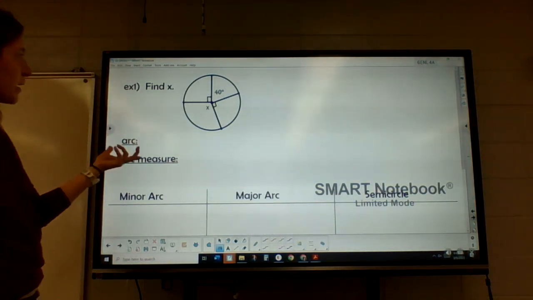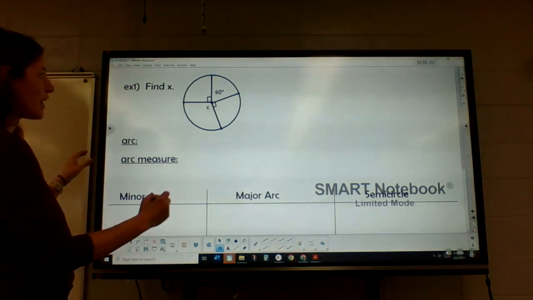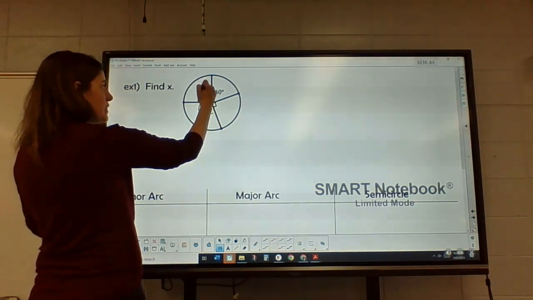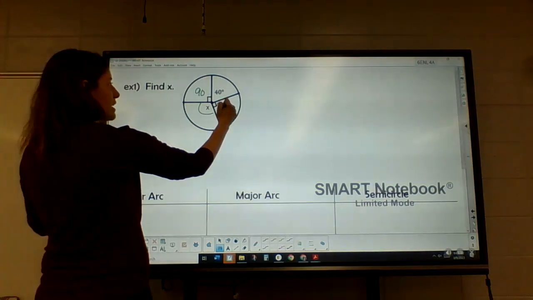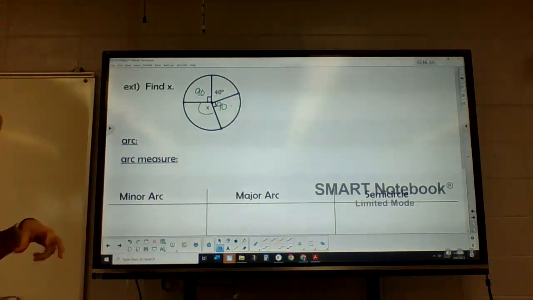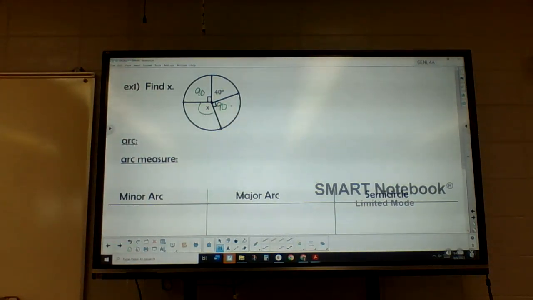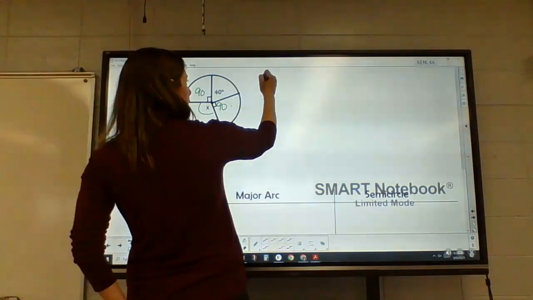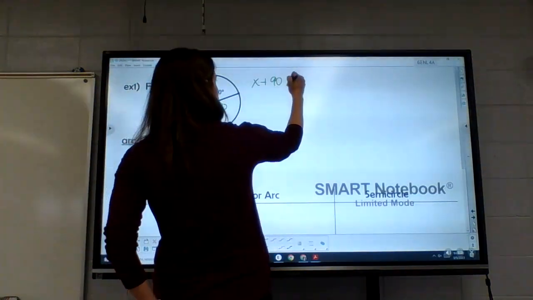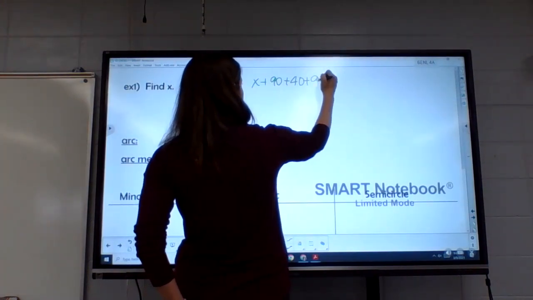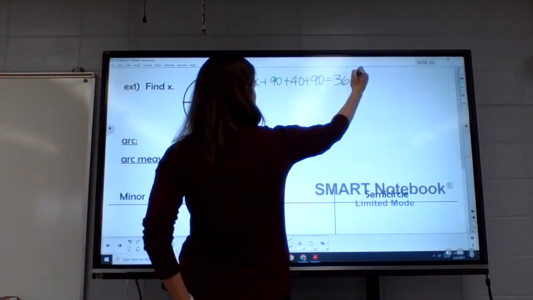So in this case, we want to find the value of X. That's this angle here. But they have these two marked for me that these are each 90, because of those little right angles. Those still exist within circles. So I know that X plus 90 plus 40 plus 90 should equal 360 degrees.